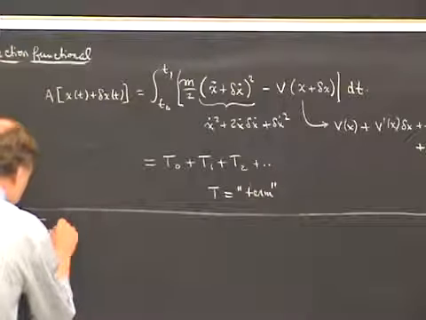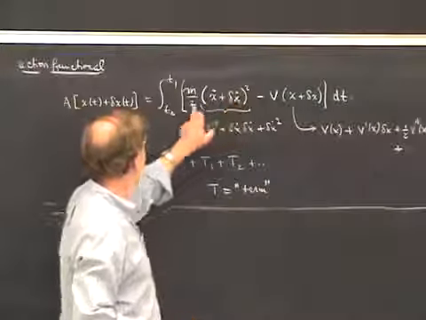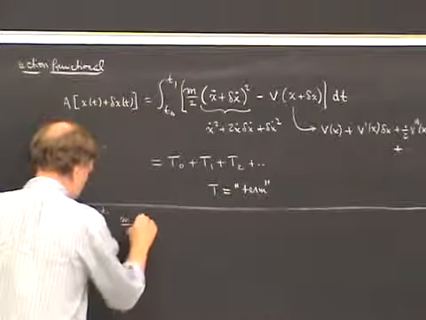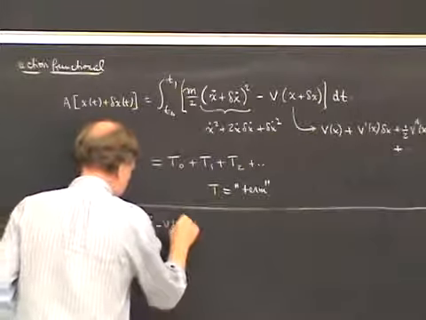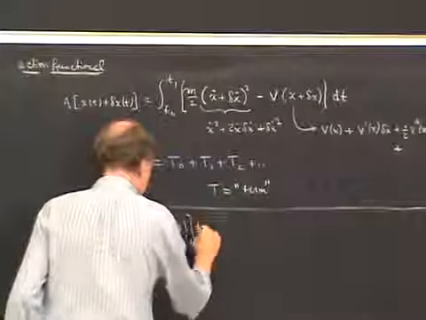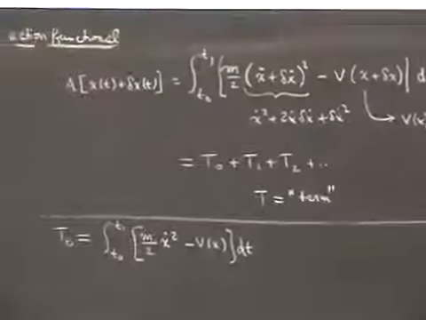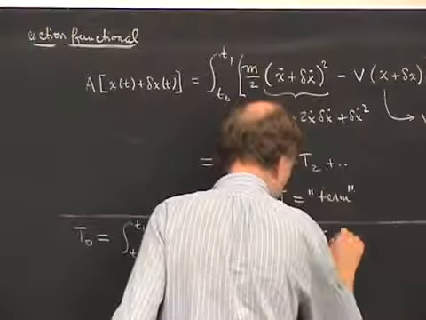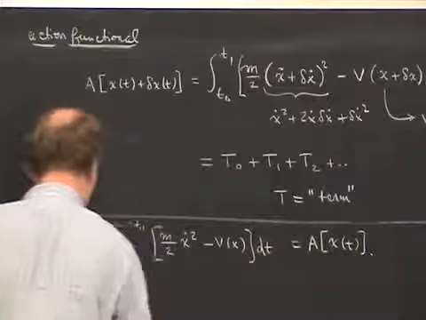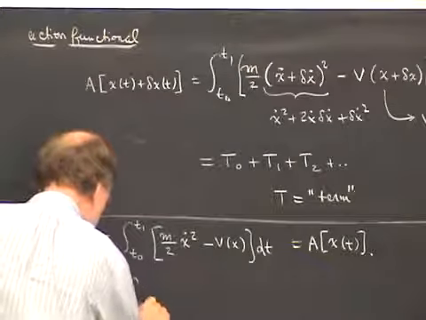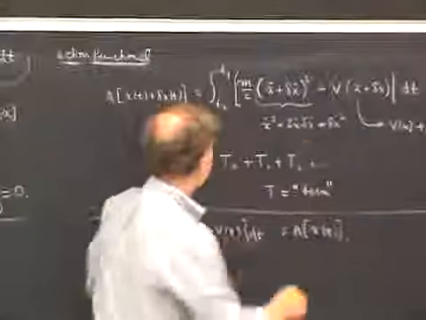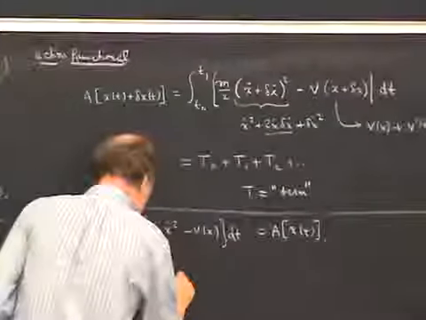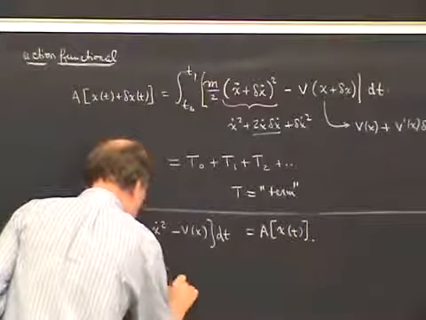If we get to T0, what is that? That's just ignoring the delta x altogether. So that's the integral from t0 to t1 of m over 2 x dot squared minus V of x, integrated dt. And that, of course, is the original action along the original path, which is A of x of t. As far as T1 is concerned, it's the integral from t0 to t1, and now I'll collect the first order terms. There's the 2 x dot delta x dot times m over 2, so I get a mass times x dot times delta x dot.